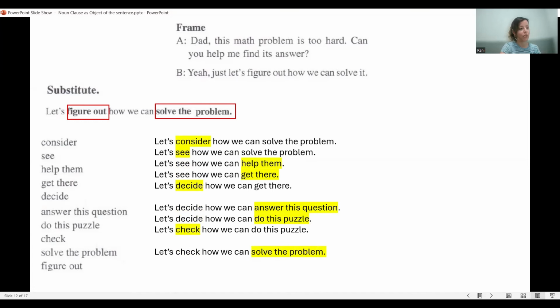Let's check how we can solve the problem. Figure out. Let's figure out how we can solve the problem. Okay? If you made a mistake, go back, redo the exercises, and you will get used to it.